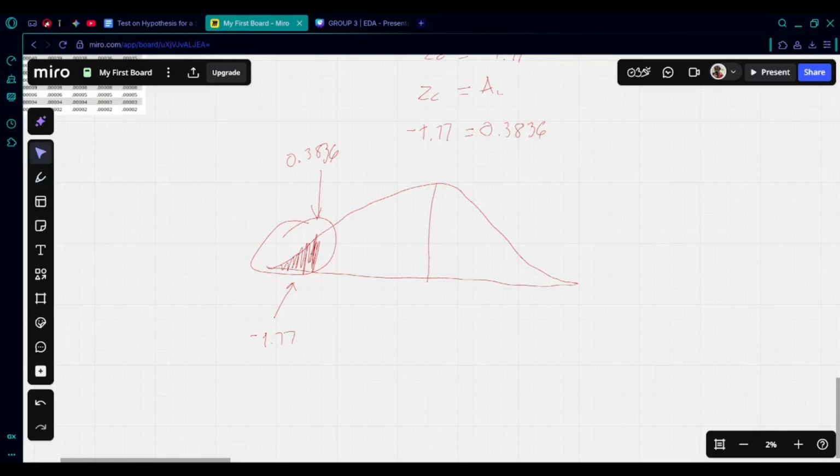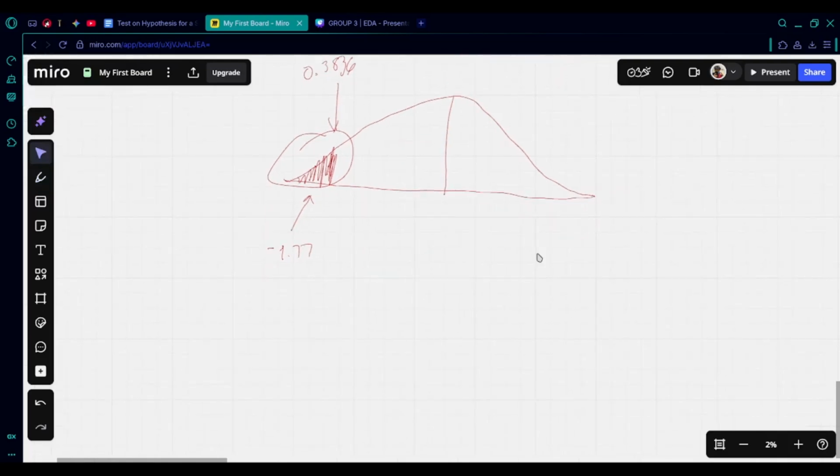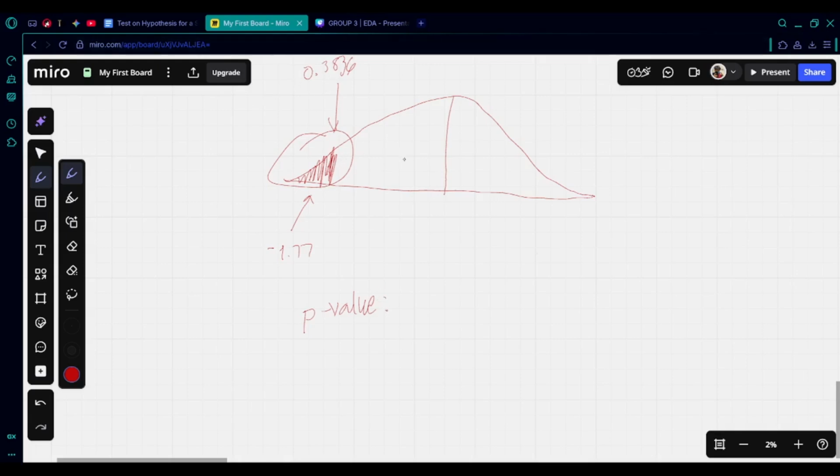So now that we have our critical value, we can now compute the P value. Since this is a left-tailed test, we only have one, which is 0.3836, and this other one is not included. So now this is our P value.